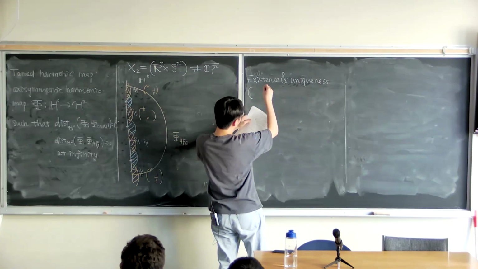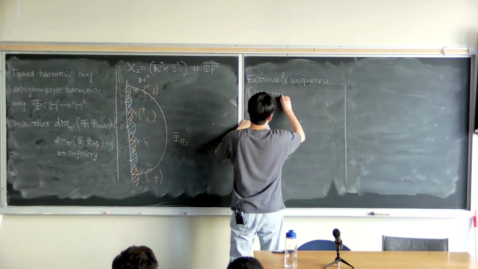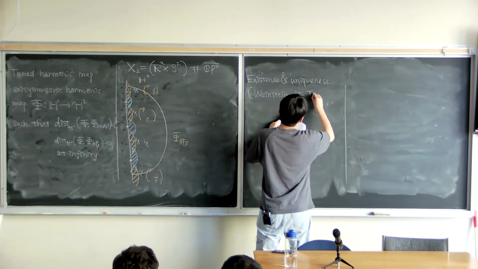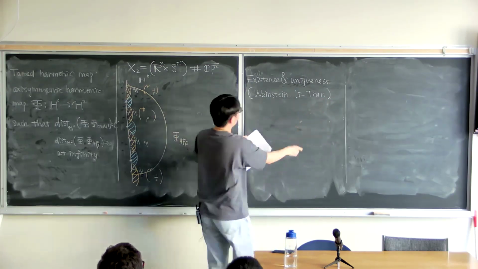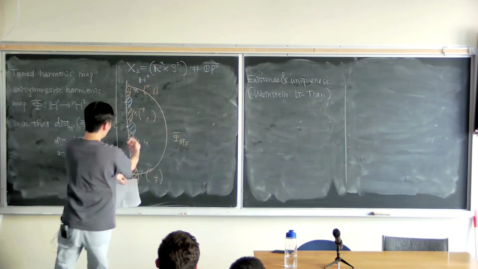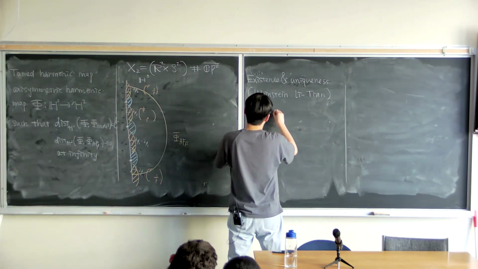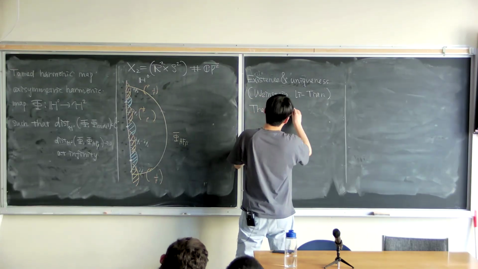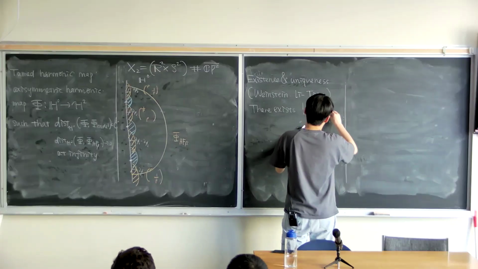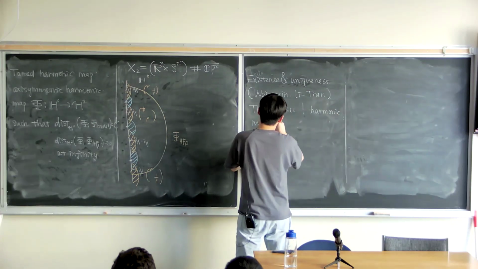I won't mention the proof because this is the classical part. It's already done by Weinstein and Yau Li and Gang Tian in the Lorentz setting, and in the Riemannian setting, it's basically the same. So it states that, given this structure, there exists a unique harmonic map that is tame.